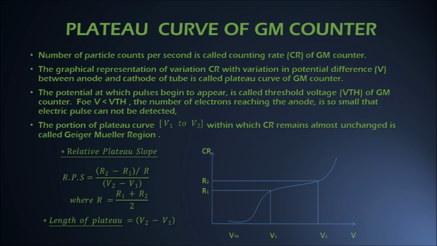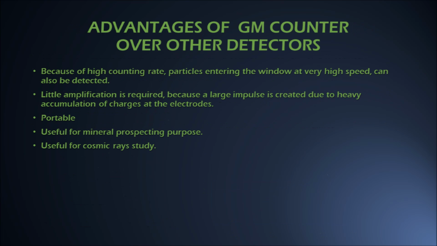In the last, let me share with you what are advantages and limitations of GM counter. First of all, the advantages of GM counter over other popular detectors are that the particles entering the window at very high speed can also be detected with the help of GM counter because its counting rate is very high.